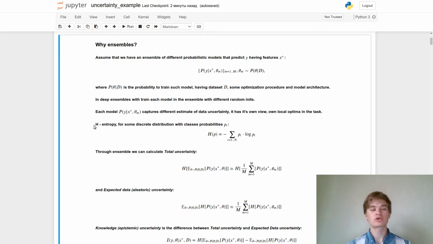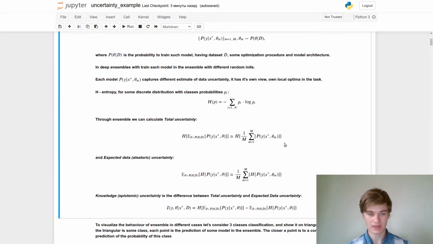We should also know what entropy is to work with uncertainty estimation, and I'll remind you that entropy for a discrete distribution for a classification task is simply minus the sum of p_i multiplied by the logarithm of p_i, where i means class ID for some prediction.